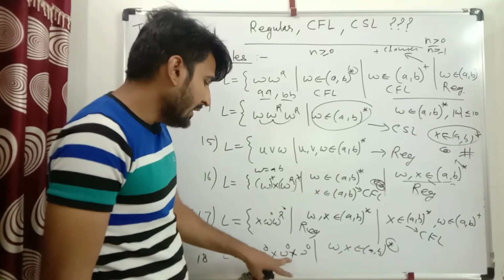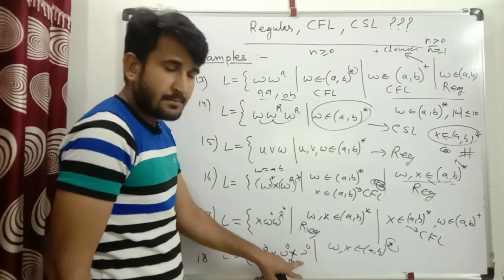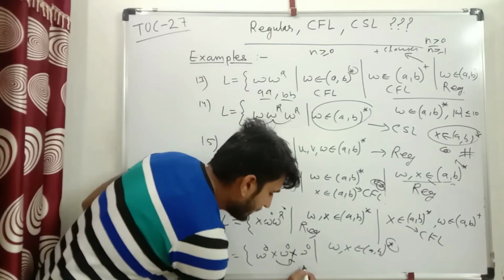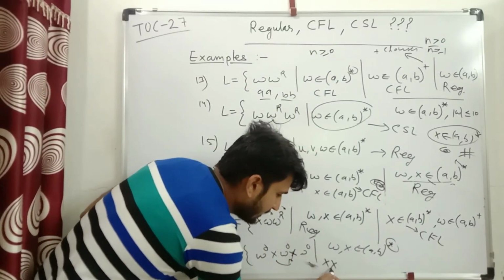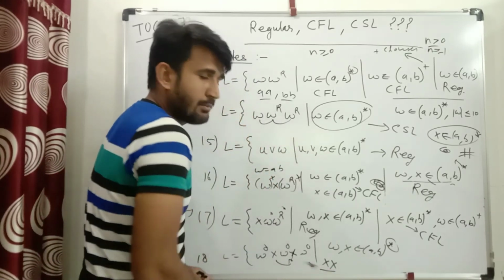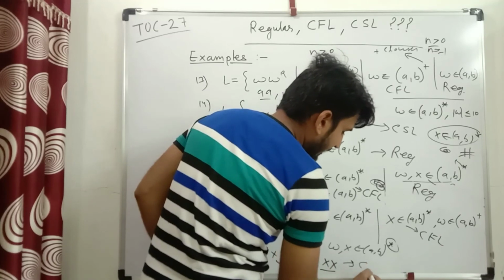One thing will remain there. X, X. There is a comparison, so the remaining string will be there. This is a direct comparison. So it is CSL.